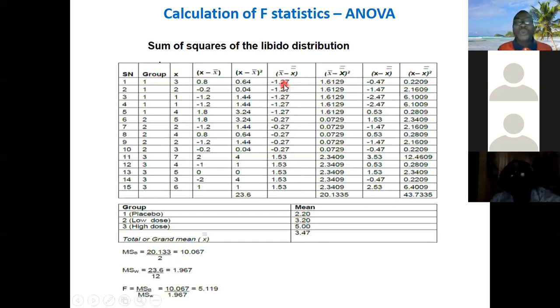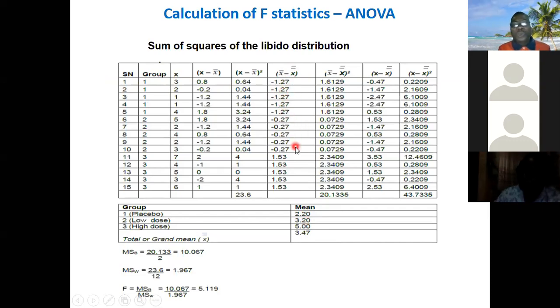So we remove the grand mean from each of the means. For group 1, the 5 of them, 1 to 5, have the same mean, 2.2. So you remove 3.47, the grand mean, from 2.2. That gives you minus 1.27 for all 5 of them.